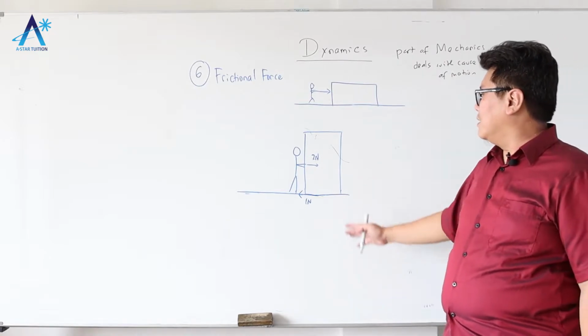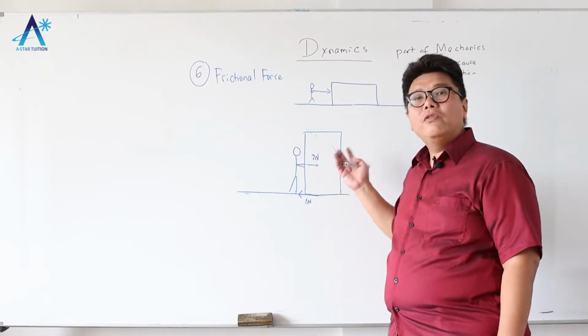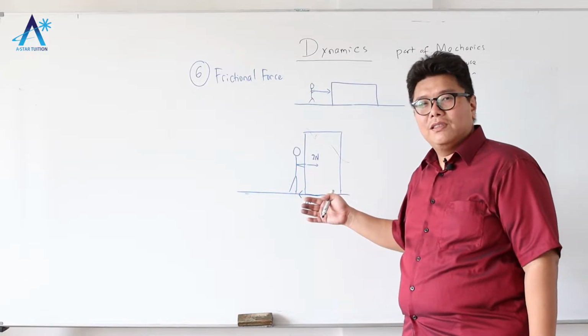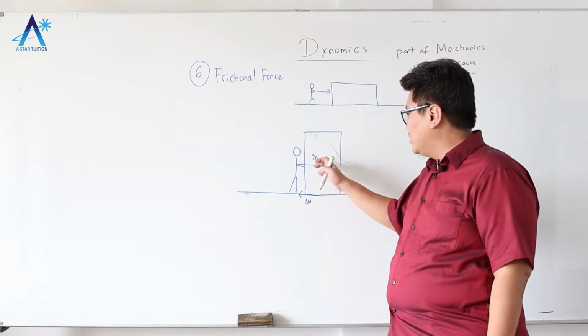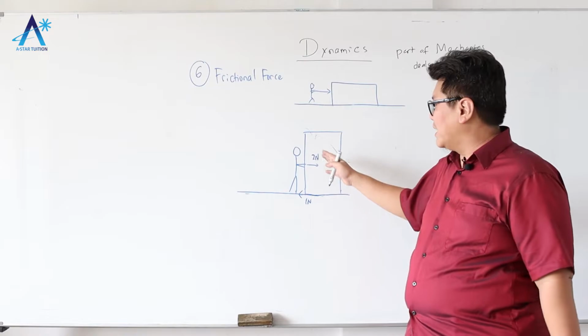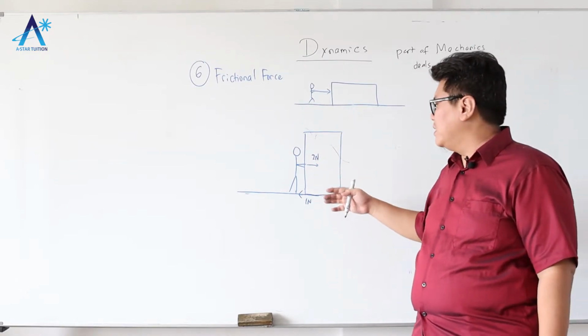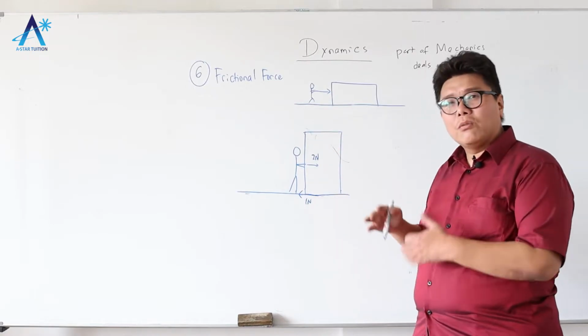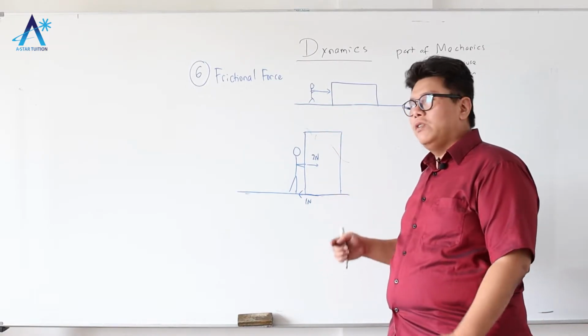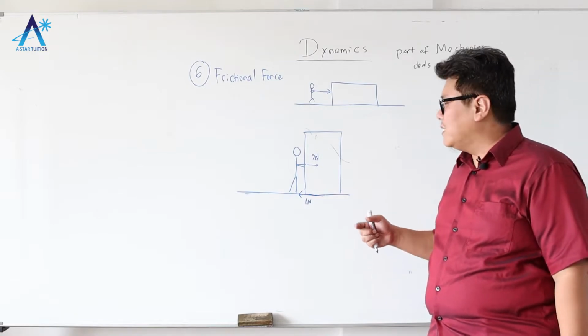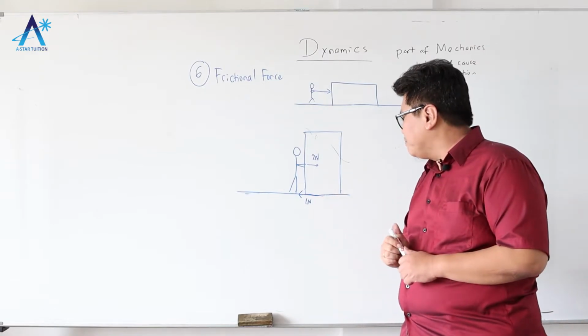And it turns out that the refrigerator is still not moving. So again, 2 Newton not moving means that the acceleration is still 0, because initially it's not moving, and now it's still not moving. That means the resultant force is 0.